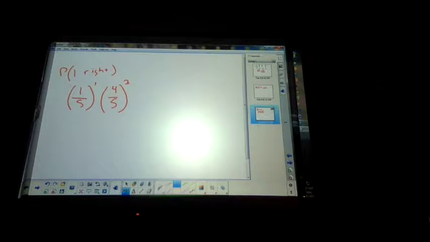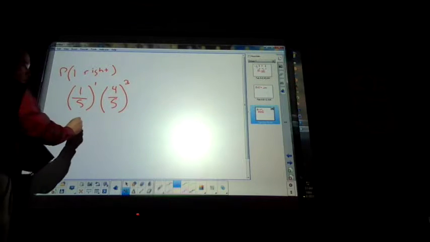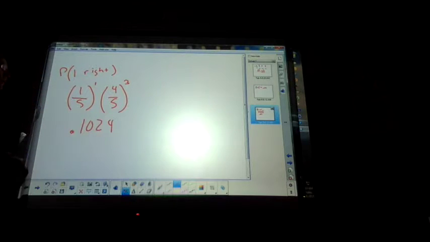So on your calculator, 1/5 is 0.2, and then you go 0.2 times, in parentheses, 4/5 raised to the third power. Yeah? 0.1024. So the probability of you getting one of the problems right is about 10%.